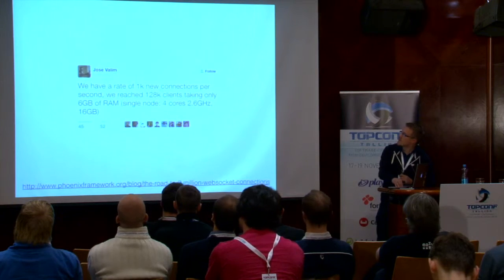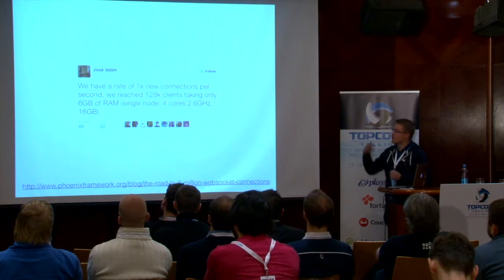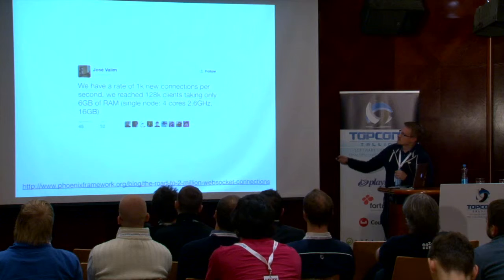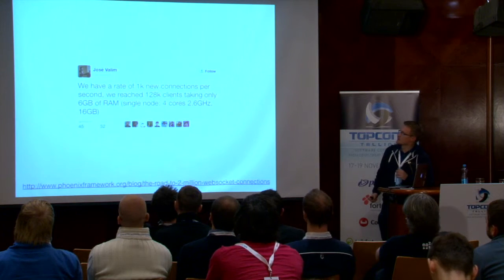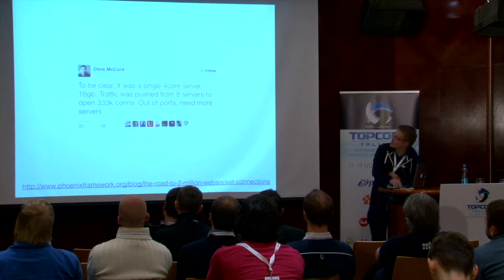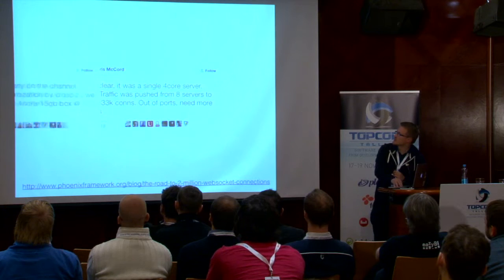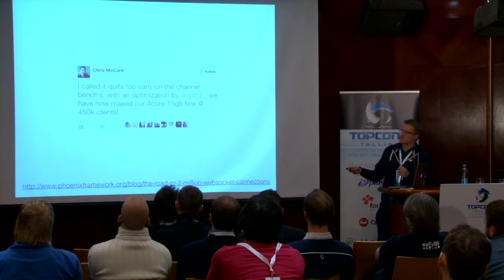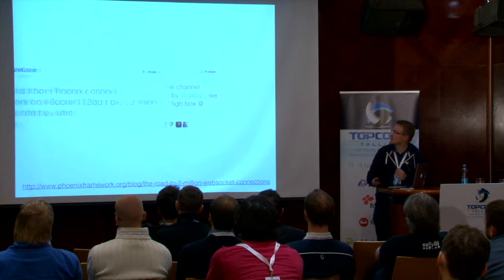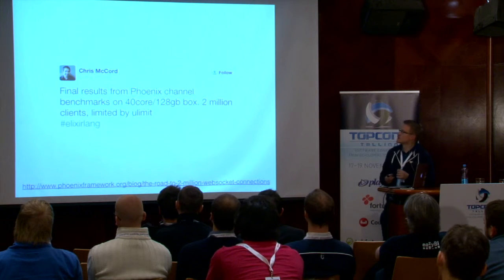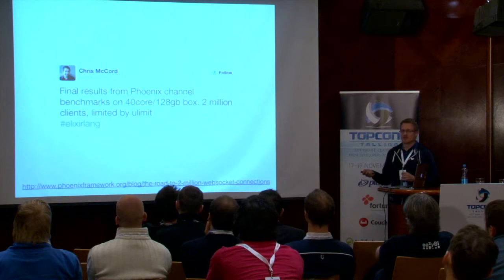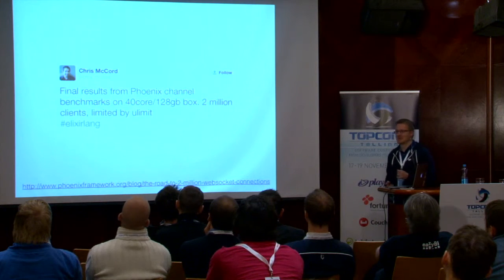Here's a quick tweet flow from guys benchmarking Phoenix, starting with 128,000 concurrent connections on a single node. Next tweet, a few days later, 330,000 connections. Now we fixed the bug. We have 450,000 connected clients on a single box, and end up with 2 million concurrent connections with a responsive system on a single 40-core, 128 gigabyte box.